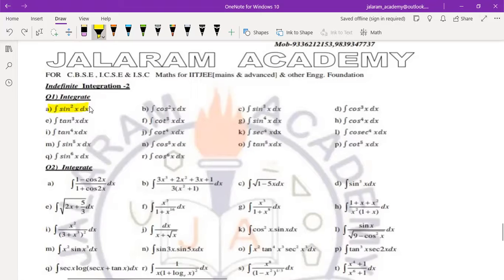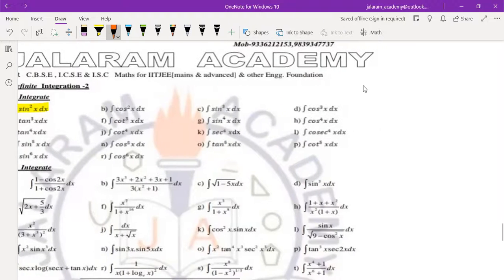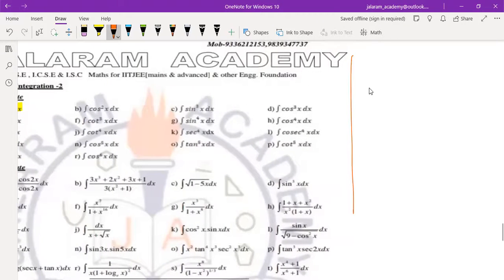Think about the integration of sine square x. You all know the integration of sine x is minus cos x. But remember, it doesn't mean that the integration of sine square x is minus cos x whole square.